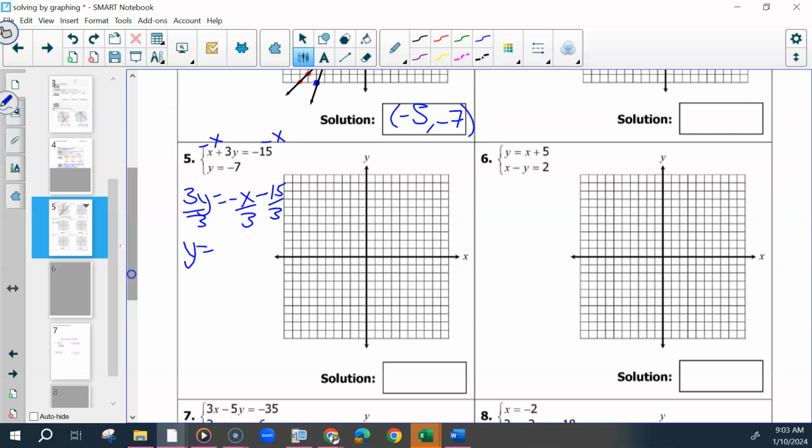What would that new equation become? -1/3x - 5.